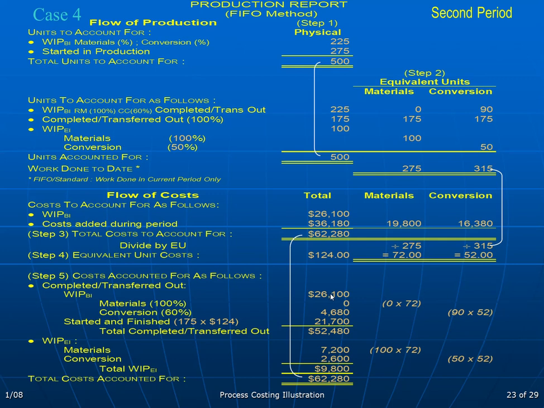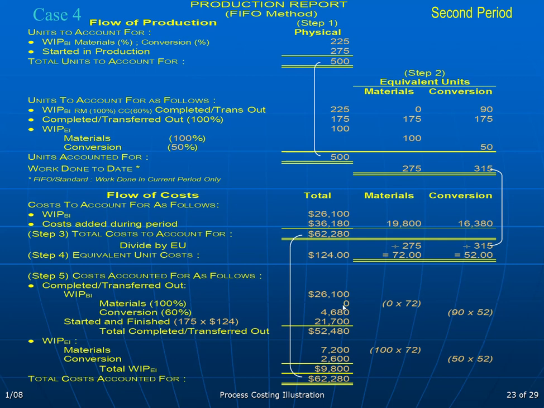Well, we already had $26,100 assigned to that beginning inventory. There's no more work that needs to be done in terms of materials, and this is the amount of work that needed to be done with respect to conversion costs to complete them, that remaining 40%, and there's the cost assigned at that rate. So what is the cost of those 225 units that were transferred out?